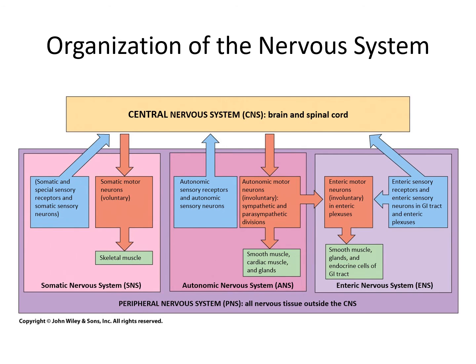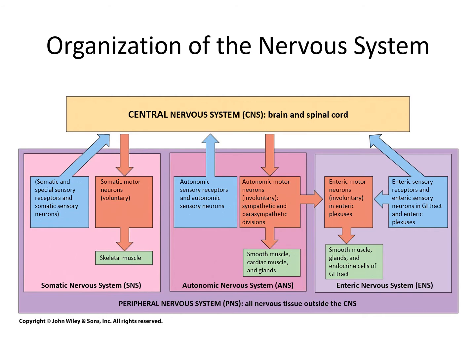Now, in terms of function, we can divide the nervous system into three categories. We have the somatic nervous system. The somatic nervous system is something you're consciously aware of. So we're dealing with sensations that you can perceive, smell, taste, vision, pain, and you're responding to that in a voluntary way.